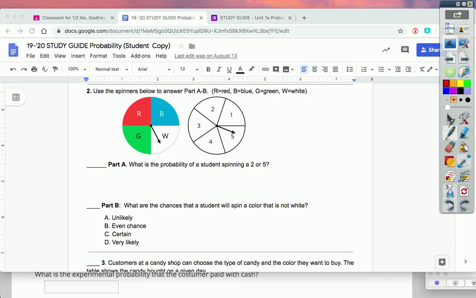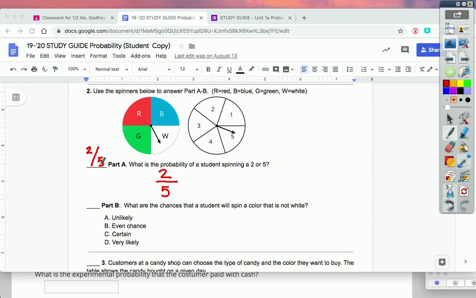The first question says, what is the probability of a student spinning a 2 or a 5? So on our spinner with numbers, we have a total of 1, 2, 3, 4, 5. 5 numbers. 2 or 5. How many numbers are 2 or 5? That's 1 and 2. So the probability would be 2 out of 5. Any questions here?